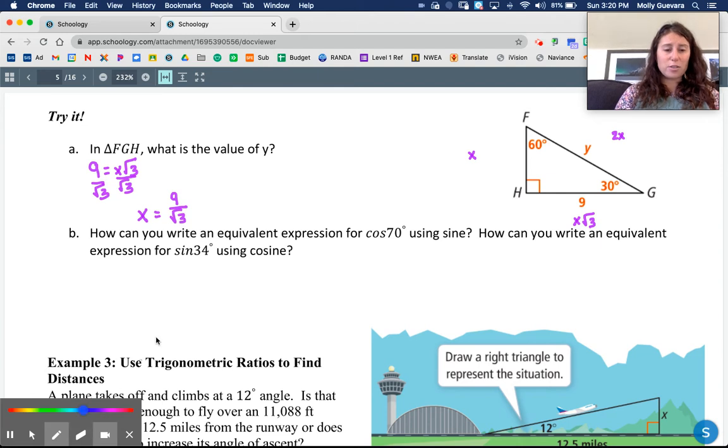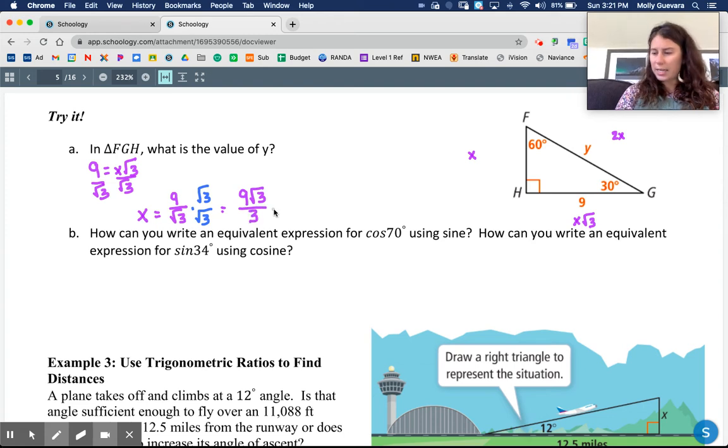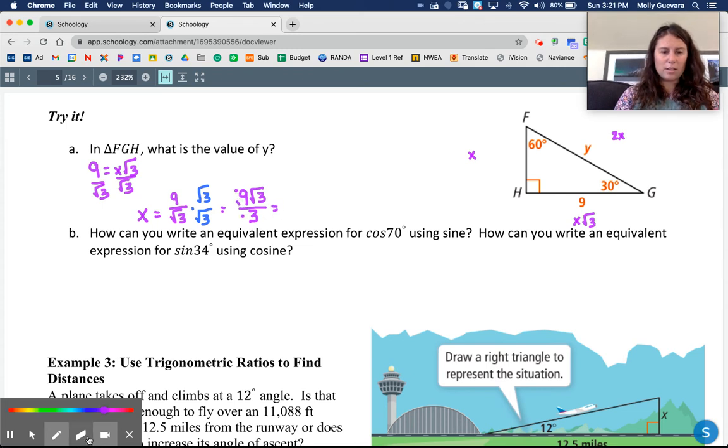I cannot have square root of 3 on the bottom of a fraction. So I have to multiply both the top and the bottom by square root of 3, which is fine. And on the top, I'm just going to get 9 root 3. And on the bottom, I get 3. Can I simplify this? Heck yeah, right? 9 divided by 3 is 3. So this can simplify into 3 root 3.